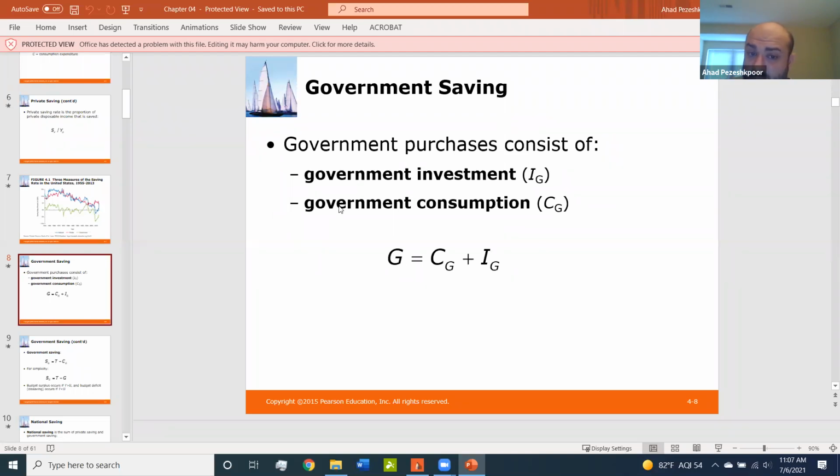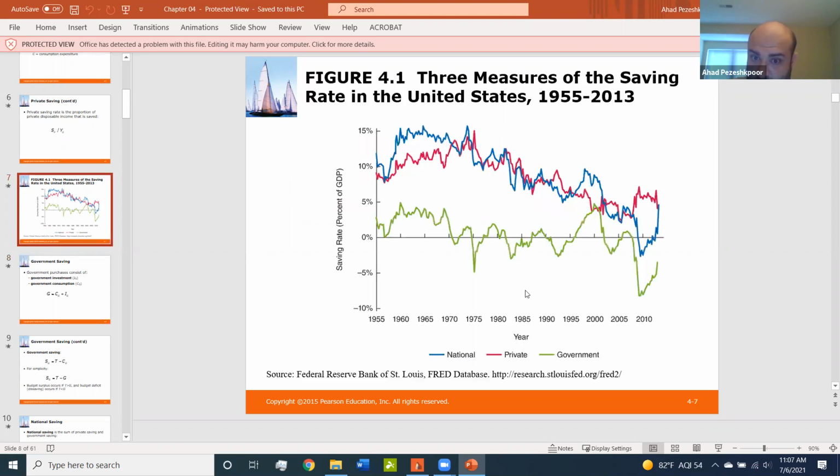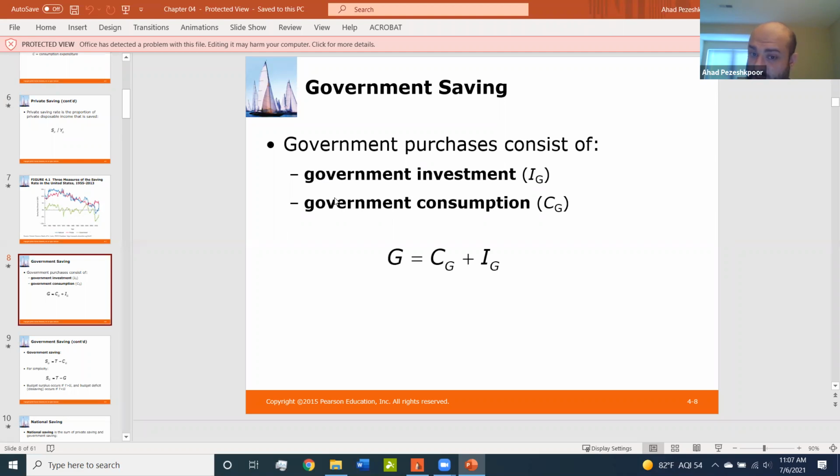Now, governments also have this. They can save some of their money, or they can consume it. They can spend it on national defense, on healthcare services, on education services, and all the jobs of a government. Or they can invest it.